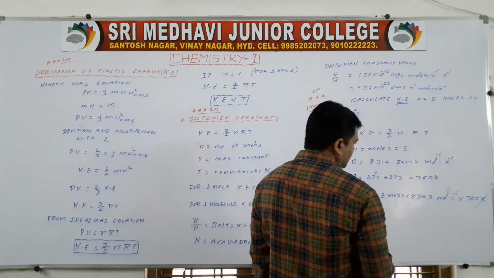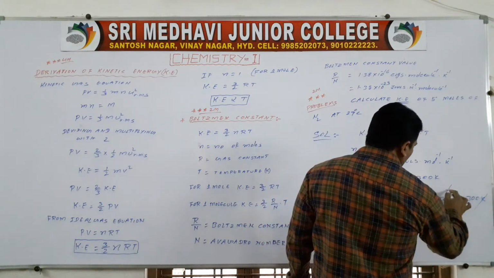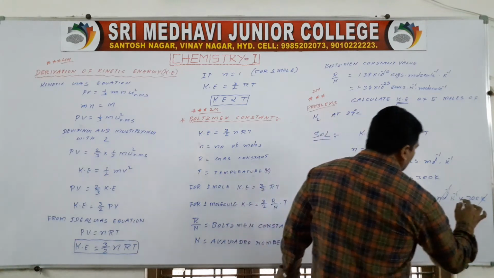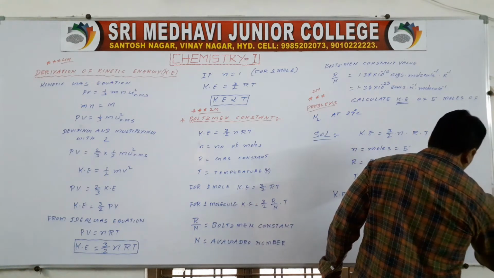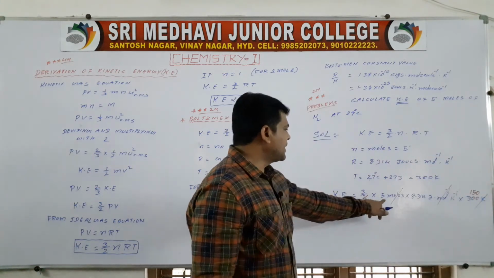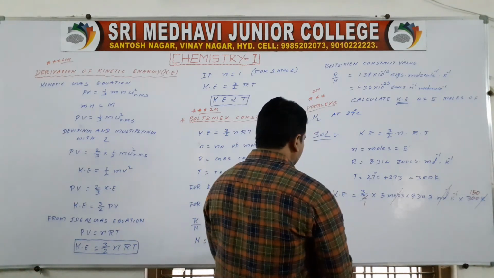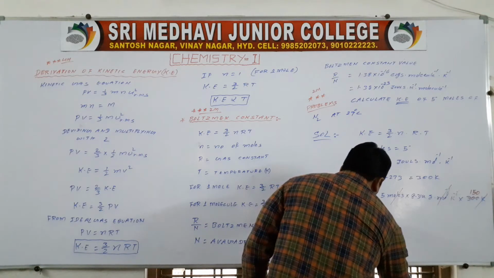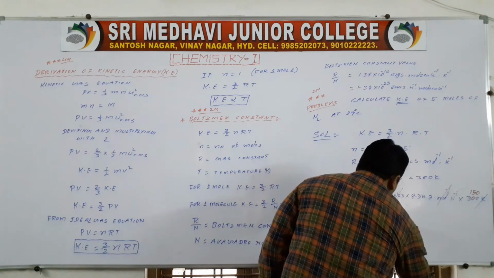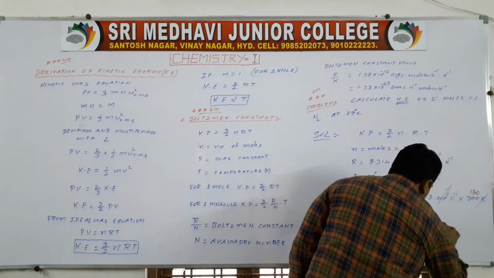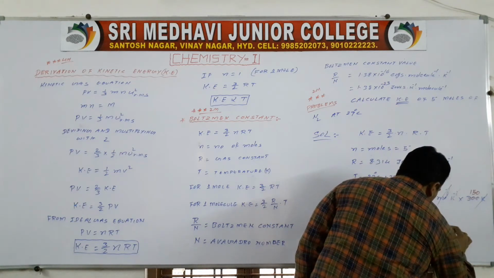Kelvin inverse cancels, mole inverse cancels. Then 2 ones are 2, 150s are 150. Then 3 fives are 15. Then 15 into 8.314 into 150 joules.